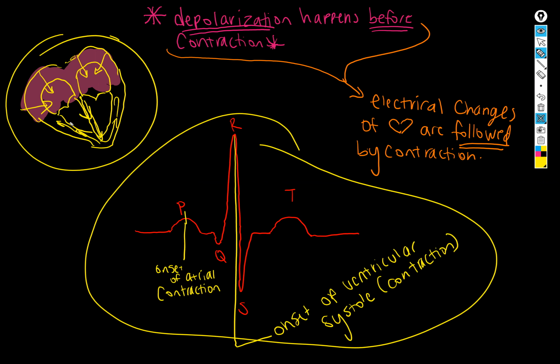So every time on the EKG down here you see a peak, that's when things are contracting. And then, not necessarily, because that would imply that something was contracting in the middle of the T wave, and that's not true. Okay, so only for the P and the R. Because the T wave represents what?